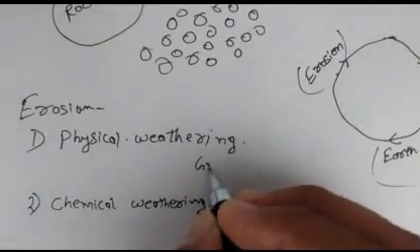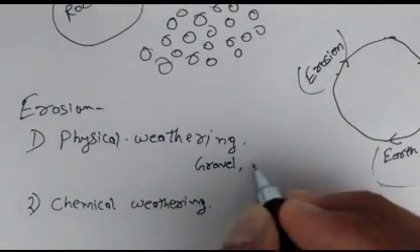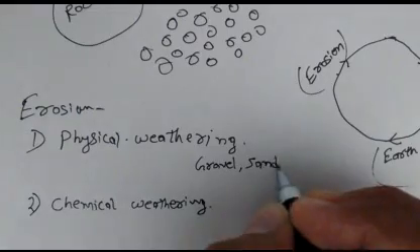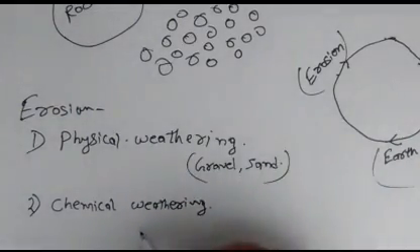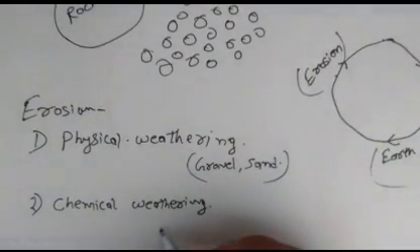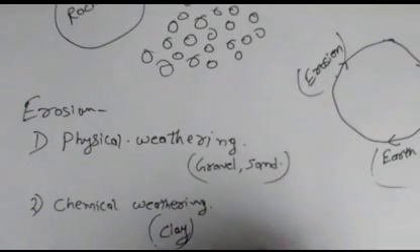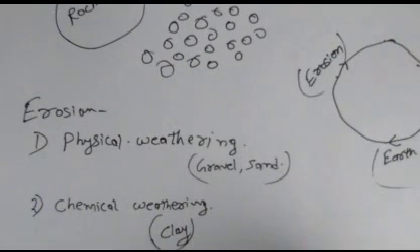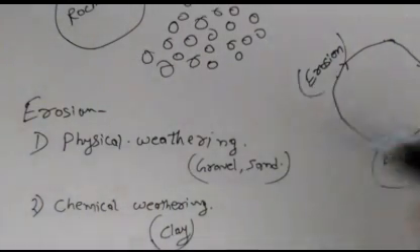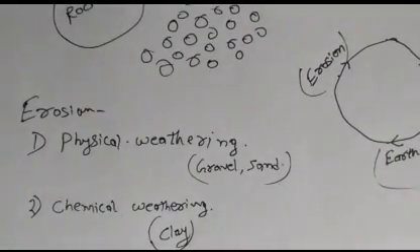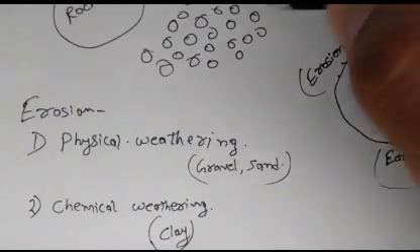Normally we have gravel and sand in physical weathering, like these are large soil particles, and chemical weathering results in small soil particles like clay. We will study all this soil classification later on. We have a separate chapter for this, but we just need to understand a brief of it before starting the three-phase system.